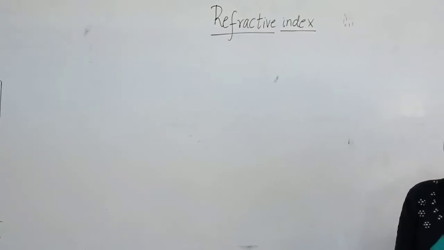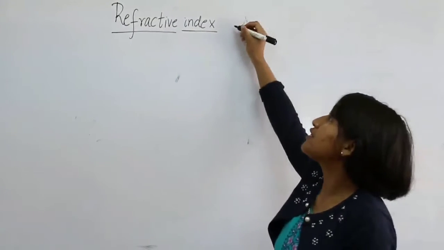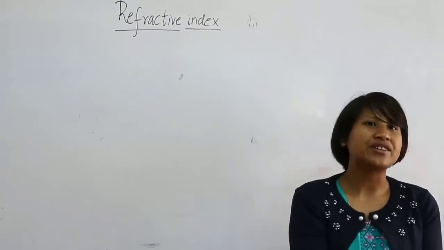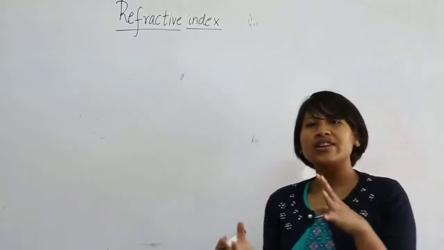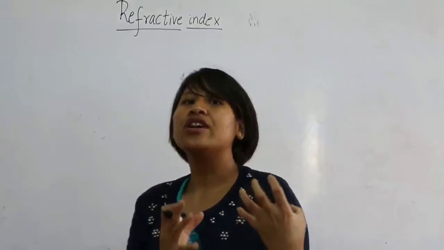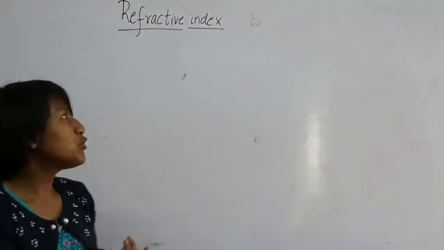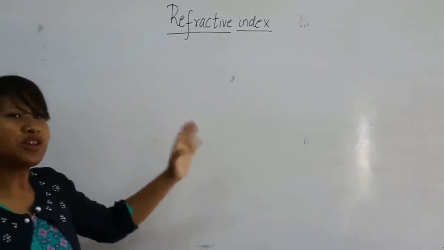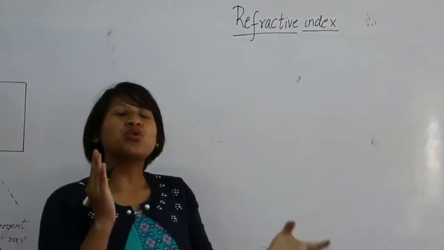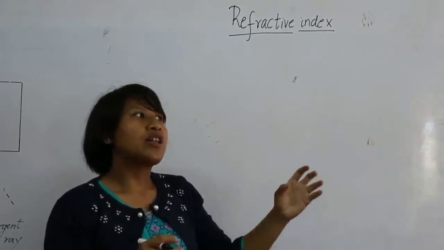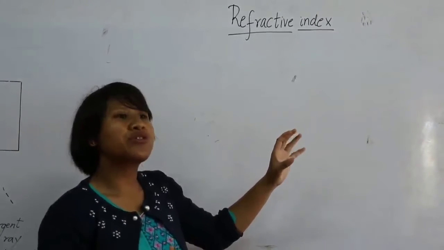So now we'll be learning about this very important term known as refractive index. What is the refractive index of a medium? By knowing the refractive index of a medium, we are able to know in which medium light will refract more.